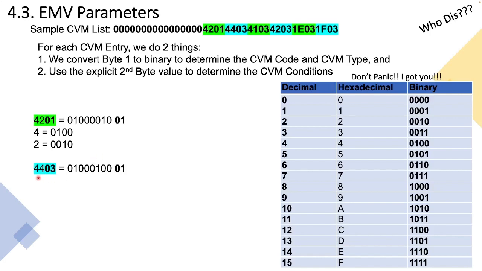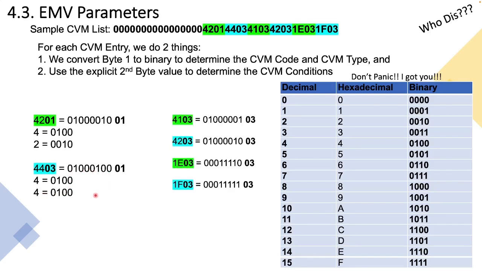Let's work with 4403. Can you see 4403 is the second highest priority? I got it as 01000100. So 4 is 0100, and 4 is 0100.